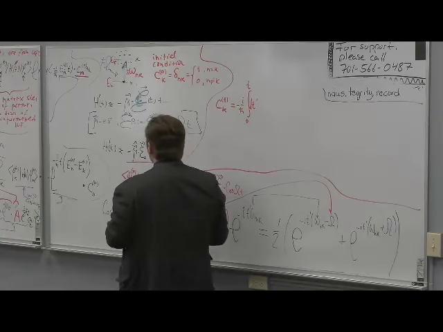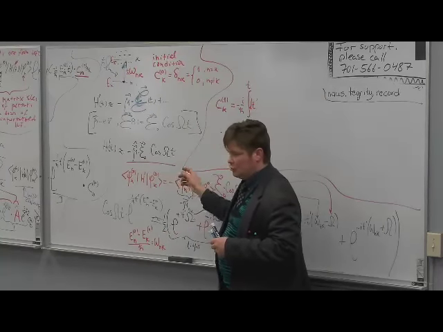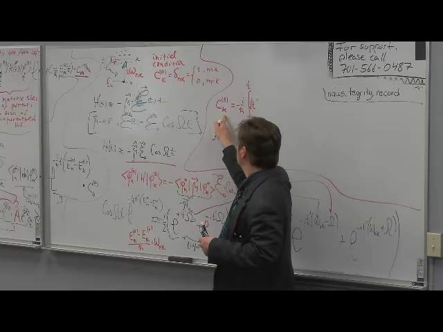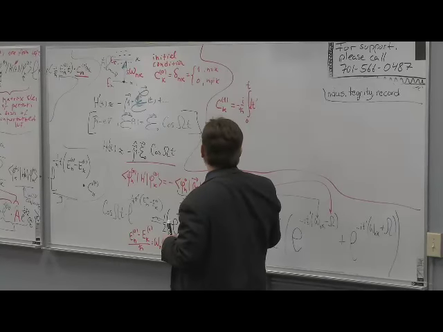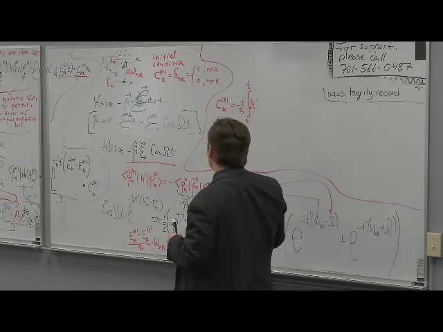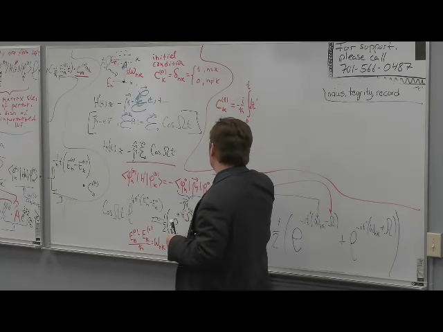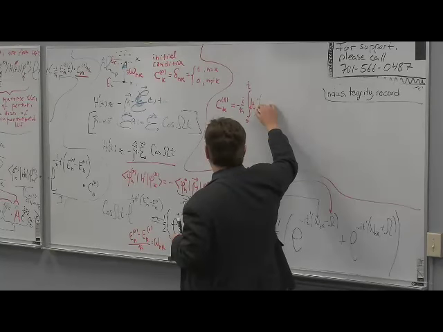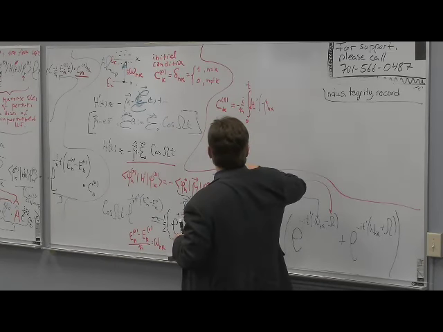So I'm plugging everything that we developed into this solution. So it will be integration. Now we need to plug in the matrix element, which will be minus u k.